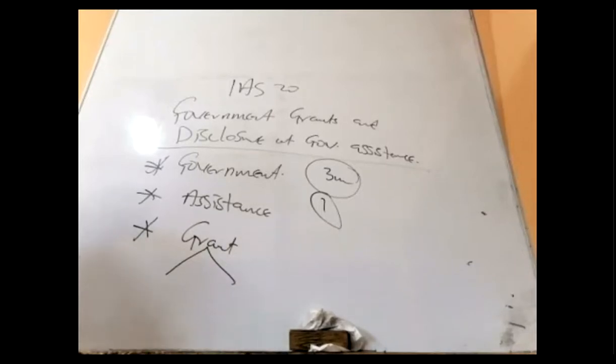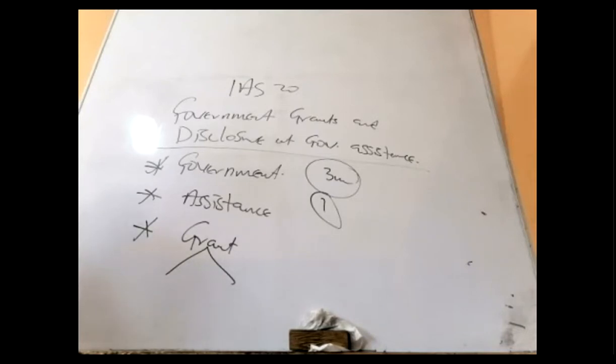Grant refers to an assistance by the government in a form of what? Transfer of what? Resources, right? Good. To an entity in return for past or future compliance with certain conditions.